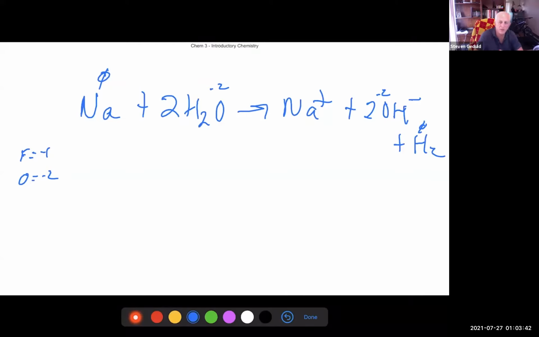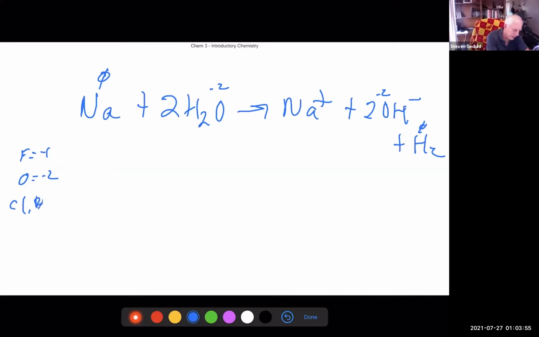I'm just writing the numbers above each element. The rest of the halogens, chlorine, bromine, and iodine, are -1 also, just like fluorine. These are rules you have to use in order. So if oxygen is bonded to chlorine, oxygen takes precedence over chlorine.